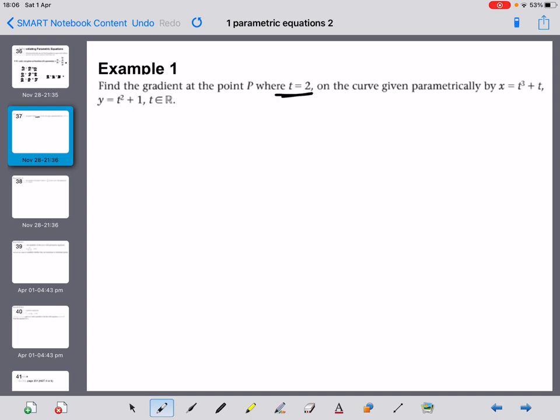If y equals t squared plus 1, then dy by dt will be 2t. If x equals t cubed plus t, then dx by dt will be 3t squared plus 1.